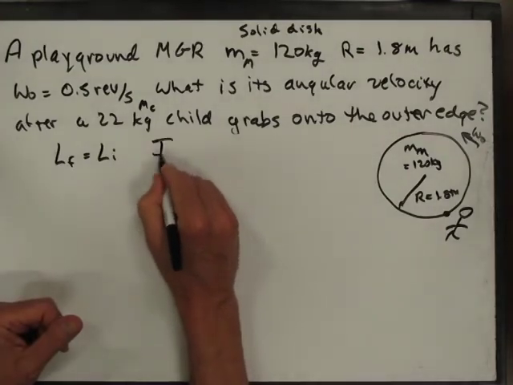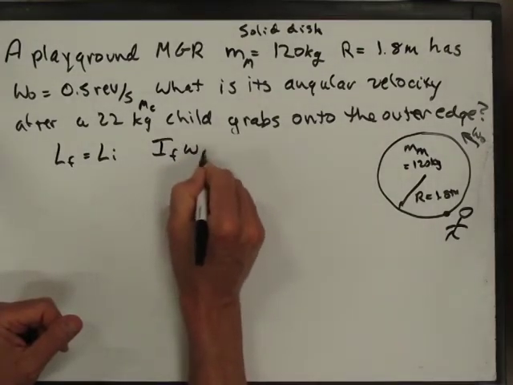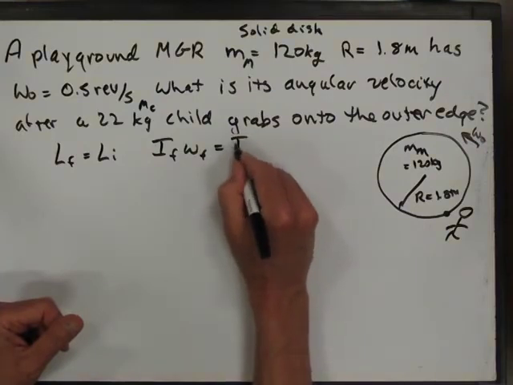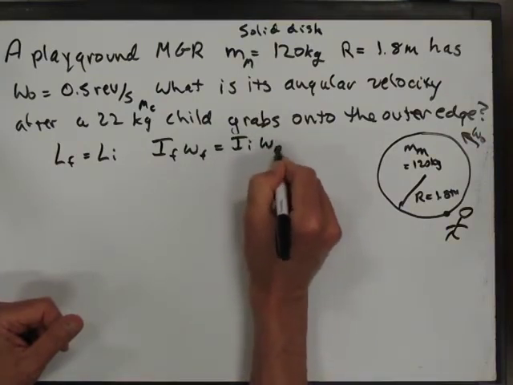And so what this says is I final times omega final is equal to I initial times omega initial, which we called omega naught.